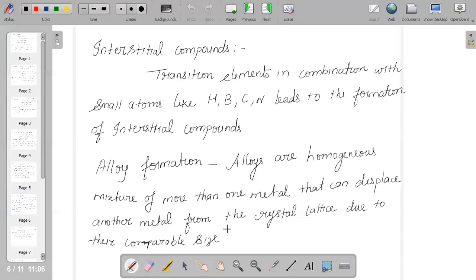They are all actually alloys of iron. And very famous, we all know brass, bronze, stainless steel. These are all alloys of copper: the alloy of copper and zinc is brass, the alloy of copper and tin is bronze. So these are the ones which we are always using. So it is helpful in the formation of alloys.